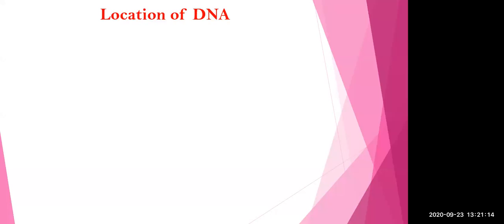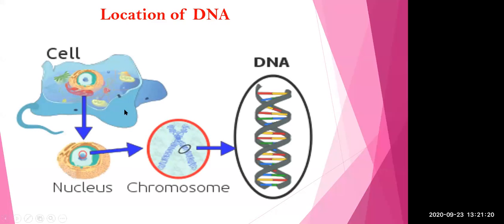So you can see with the help of this picture, it will clear your concept how the DNA is located in the cell. You can see here, this is an animal cell, and you can see a nucleus in this. Inside the nucleus we have studied cell division. Inside the nucleus there are chromosomes, and these chromosomes are clearly visible during the metaphase of the cell cycle, right?